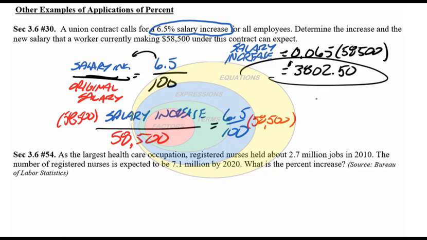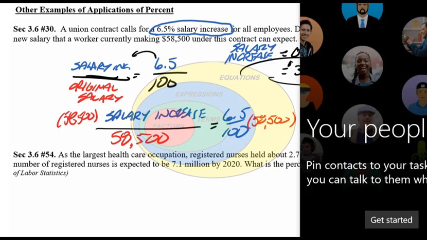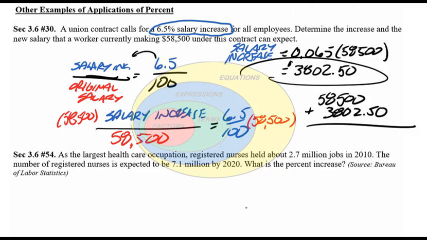So I take the old salary, 58,500, and add the increase, 3,802.50, to get the new salary, which is 62,302.50.